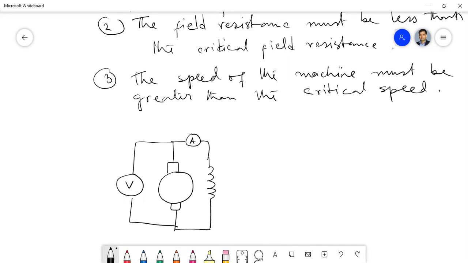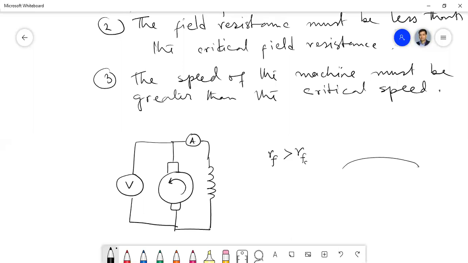Now you have started rotating. Now what will happen if the field resistance is more than the critical field resistance?